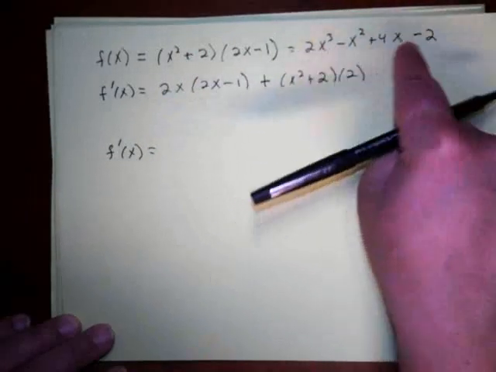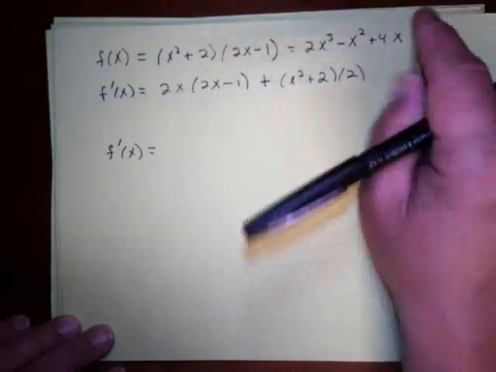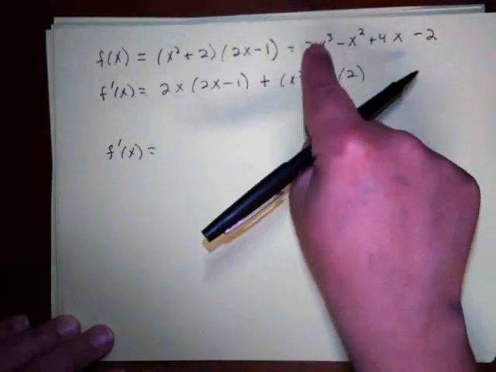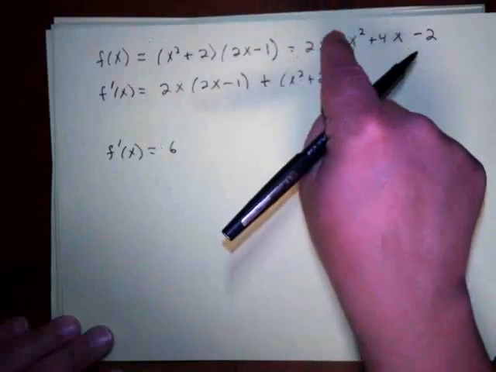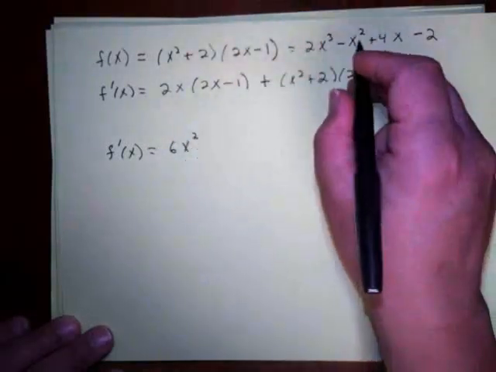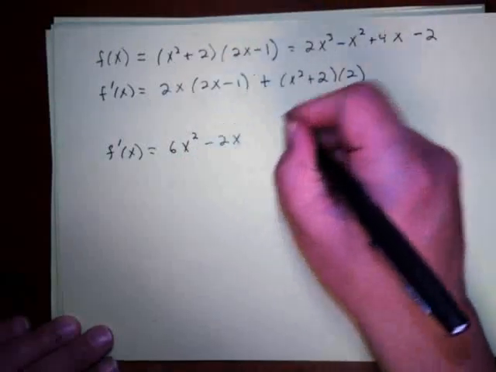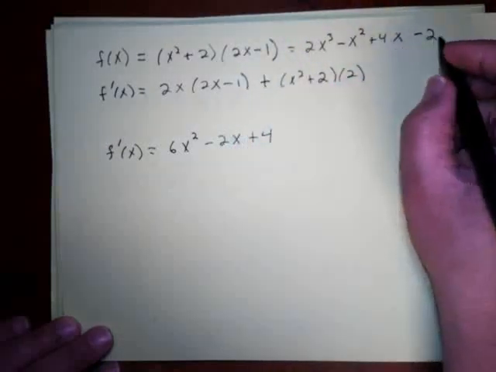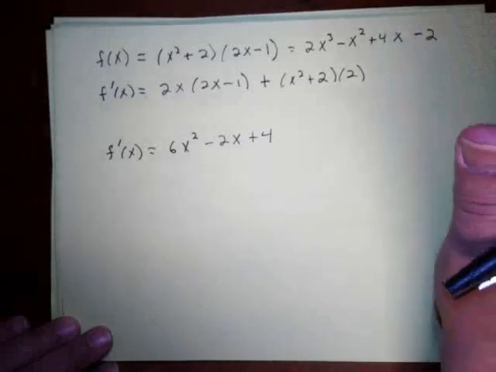And now I'm going to find the derivative of this, not using the product rule, but just of each term. So I'll take the derivative of that. That would give me, the power rule would give me 6x squared. Okay, and then this would be minus 2x. This would be plus 4. And then that minus 2 would just go away.